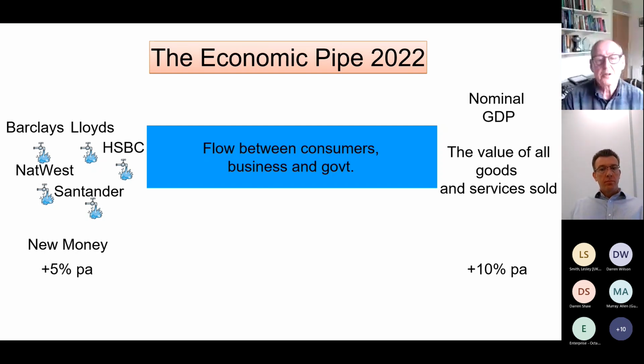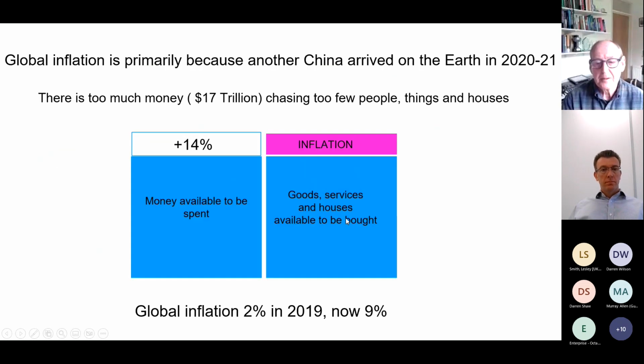Well, that's exactly what has happened in the global system. All the COVID support governments around the world did, financed by new money from their central banks, created 17 trillion. Next slide, please. And this is why we have inflation.